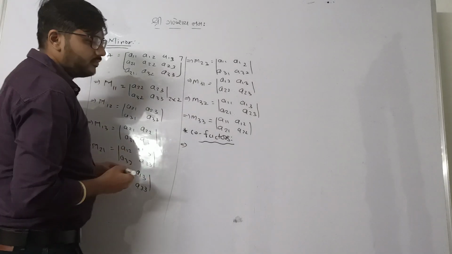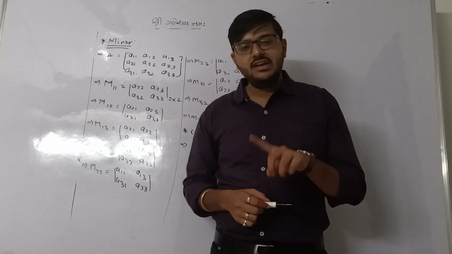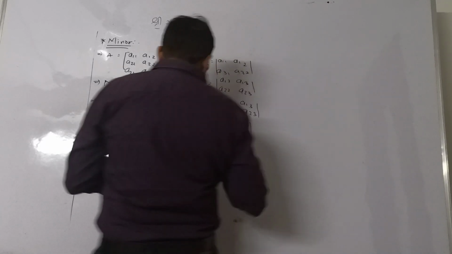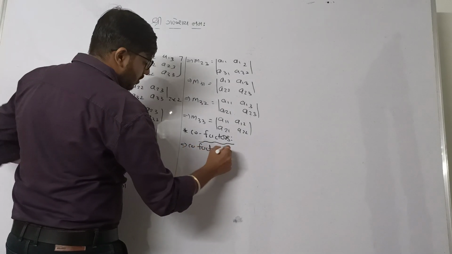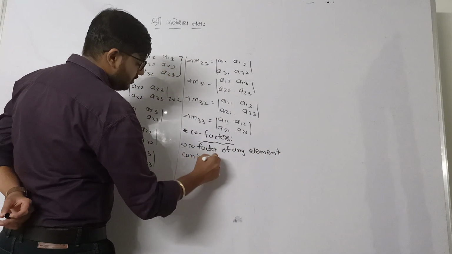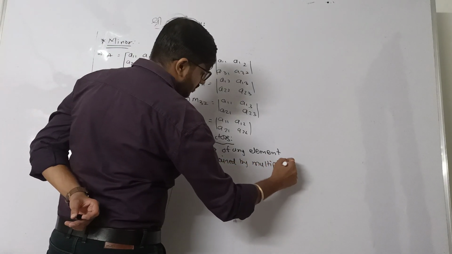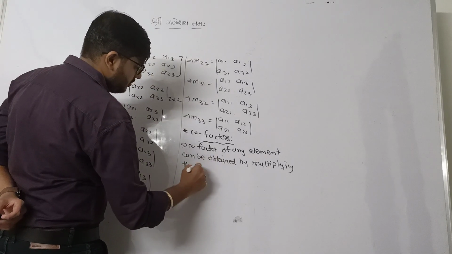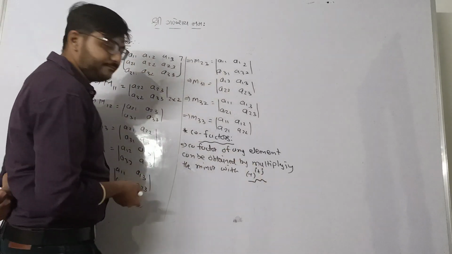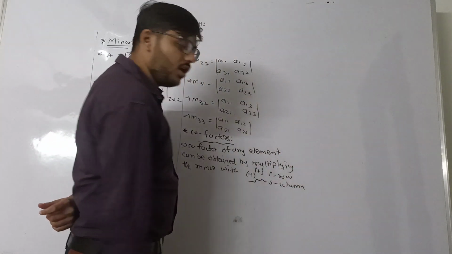So, what is a cofactor? The cofactor of any element of a matrix can be obtained by multiplying the minor with minus 1 raised to i plus j, where i represents the row number and j represents the column number.